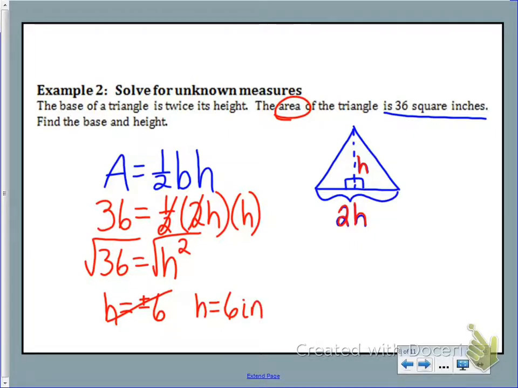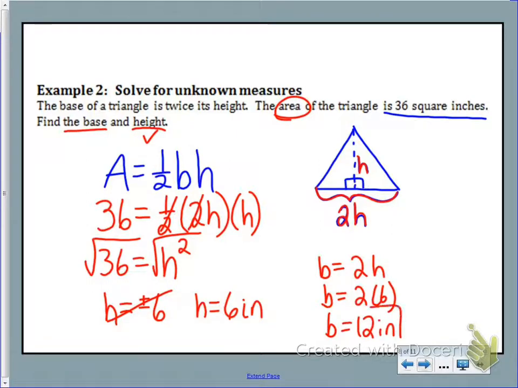So be careful, we're not quite done yet. It does say to find the base and the height. We already found the height, now we need to calculate the base. Well, if you notice, we said that the base was 2 times h. So since we already know h to be 6, we can calculate the base to be 12 inches.